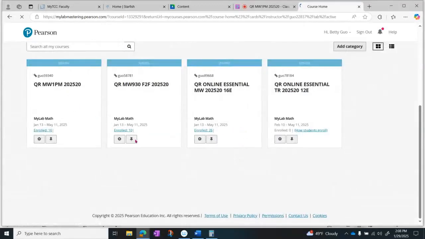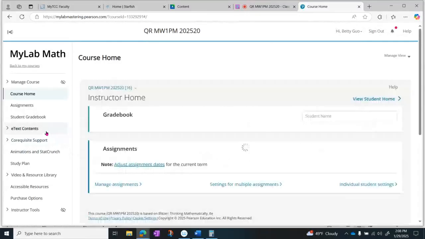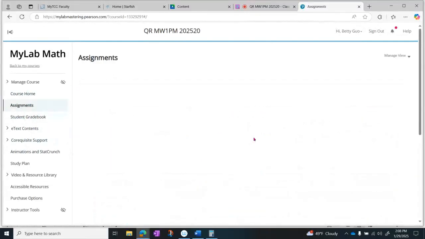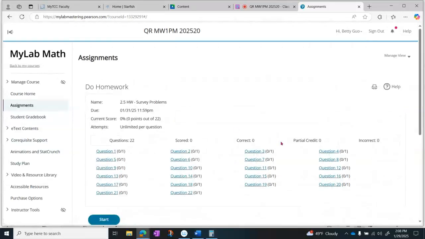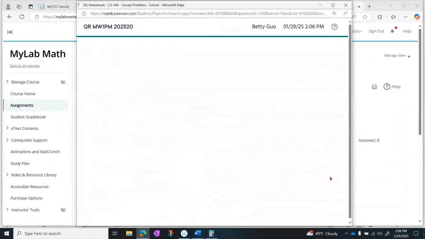This is the 1 p.m. class. Let's see what case I would get. Because the numbers are randomly generated by the system, sometimes I get a case A, sometimes I get a case B. I'm talking about section 2.5, question number 16.